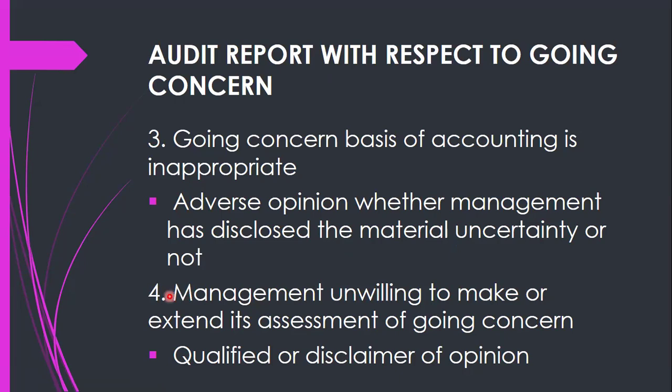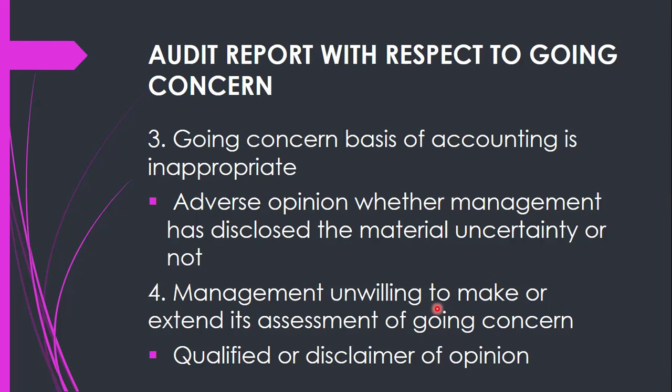So then the last point, management is unwilling to make or extend its assessment of going concern. What usually happens at the beginning of the audit, at the risk assessment stage, is the auditor needs to have a meeting with management to confirm if they've carried out an assessment of the going concern of the company, right?